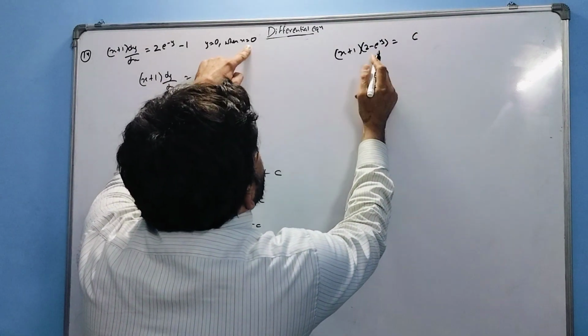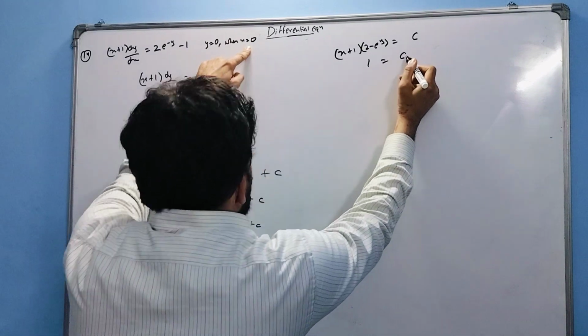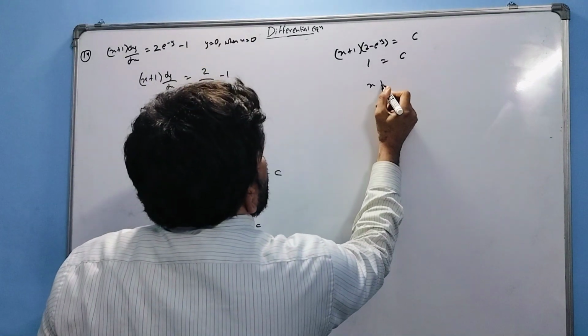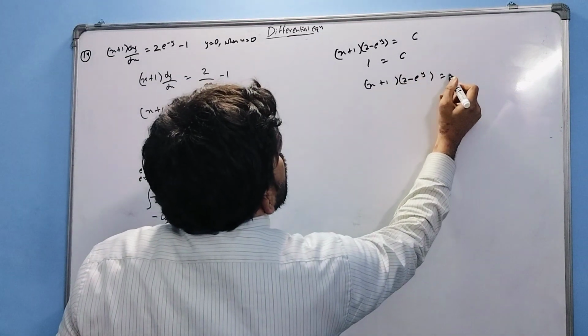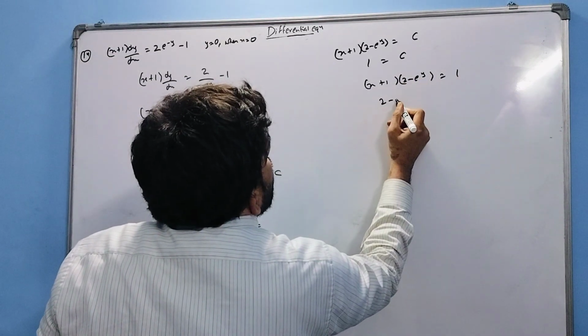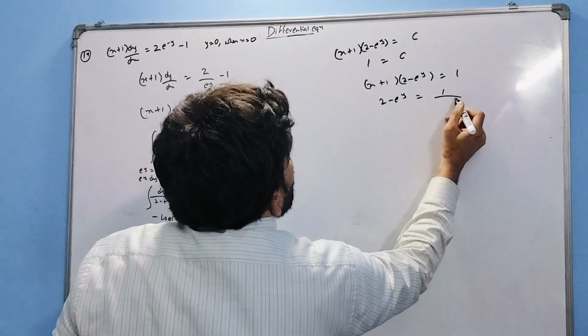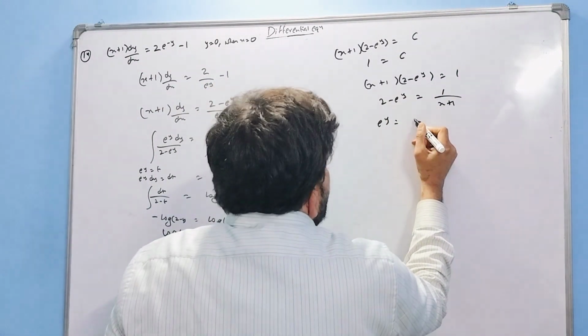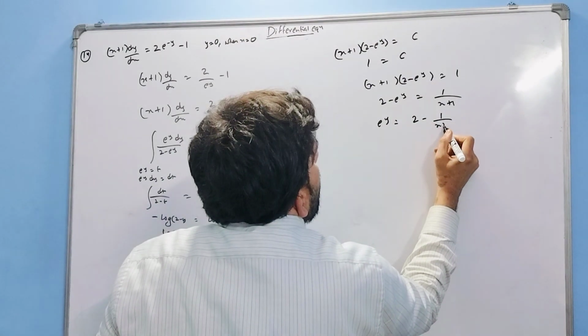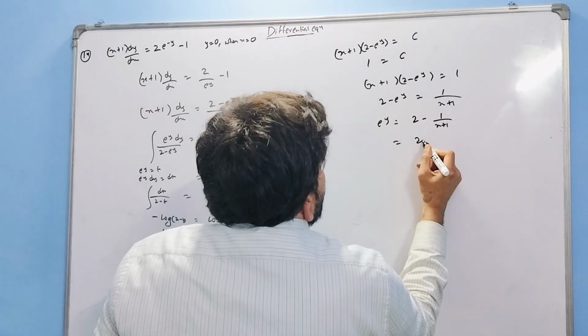So now we can put here x plus 1 over 2 minus e raised to the power y is equal to 1. So 2 minus e raised to the power y is equal to 1 upon x plus 1. e raised to the power y is equal to 2x plus 1 upon x plus 1.